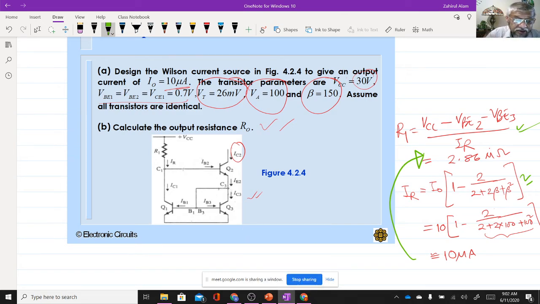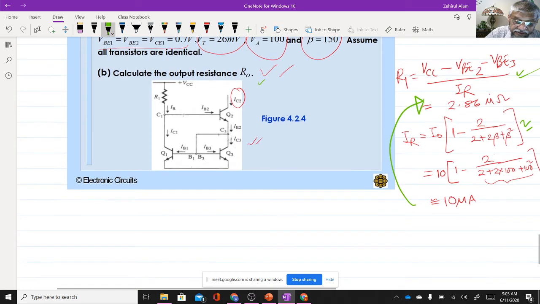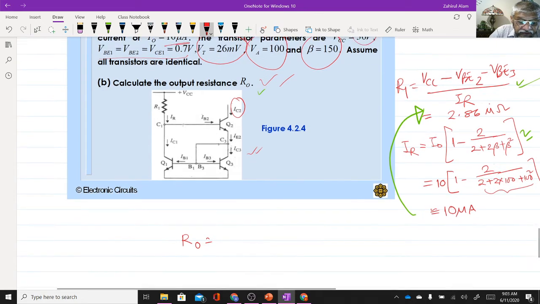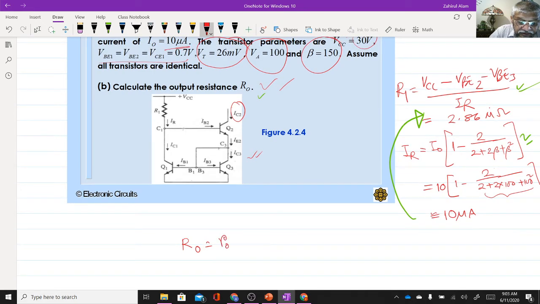So now the next calculation is to find the output resistance. So what is the output resistance? The output resistance is R0, which is equal to R02 times (1 plus beta over 2).